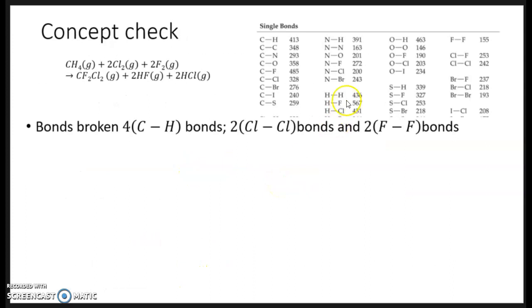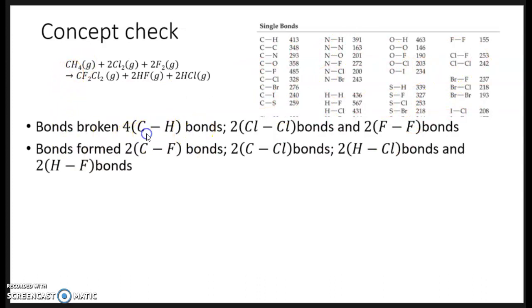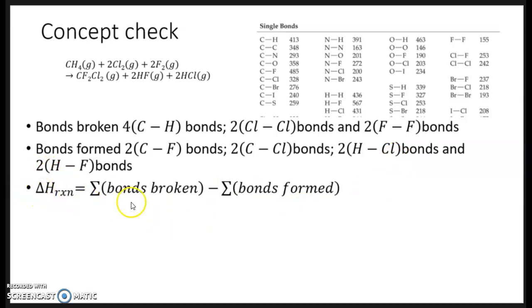From the table, it's always tabulated. So the bonds broken again: 4 CH bonds, 2 Cl–Cl bonds, and 2 F–F bonds. And the ones that are formed: 2 CF bonds, 2 CCl bonds, 2 HCl bonds, and 2 HF bonds. So the delta H of the reaction is bonds broken minus bonds formed.